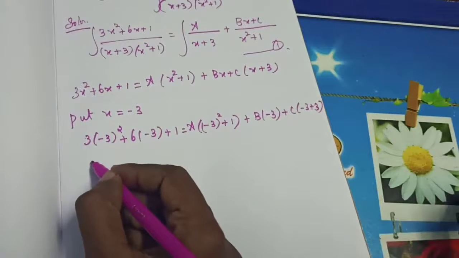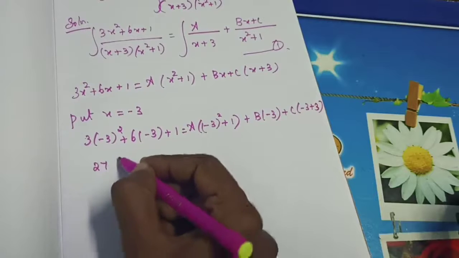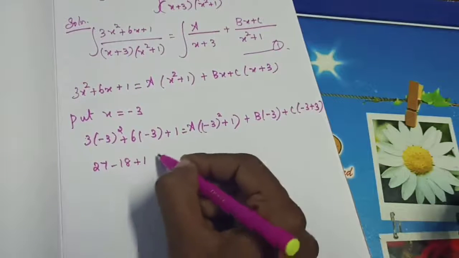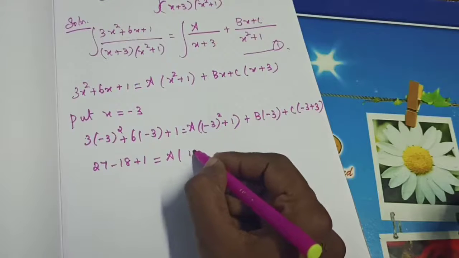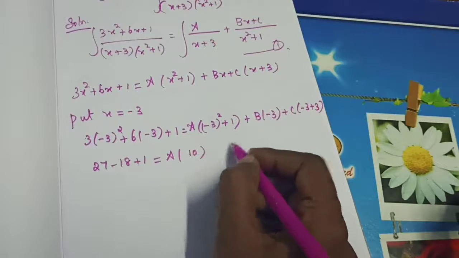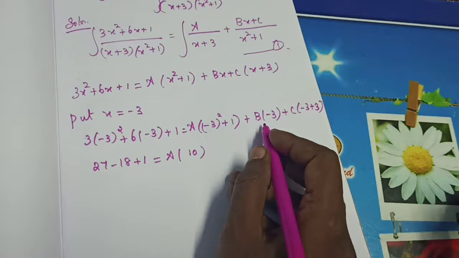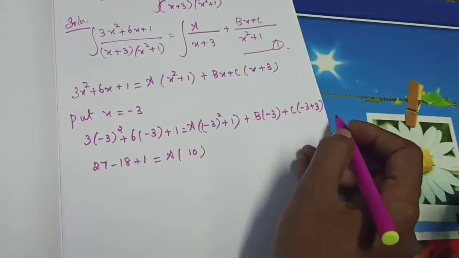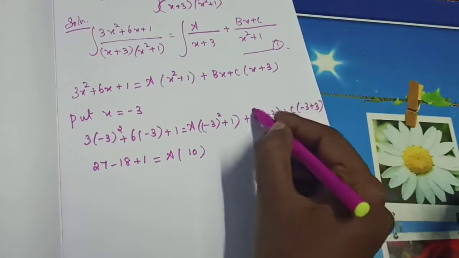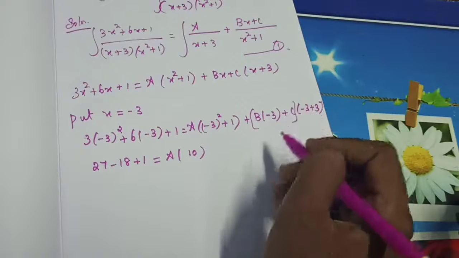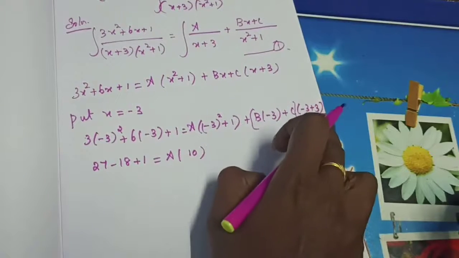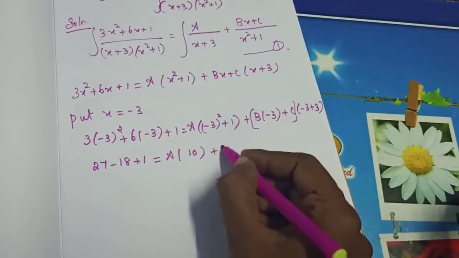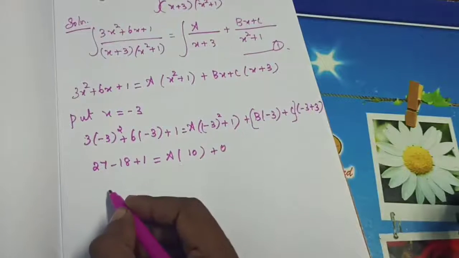Okay, so 3 into 9 means 27, minus 18 plus 1, what you will get is 10, correct? Bx plus C has a separate bracket, okay? So this term minus 3B plus C, but it is multiplied by 0, is it right? So the whole term will become 0, okay? So how much will you get?